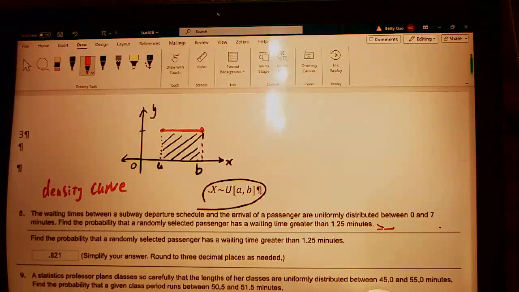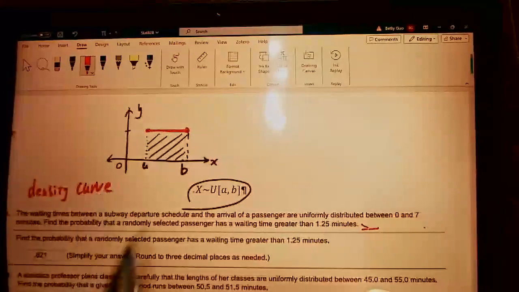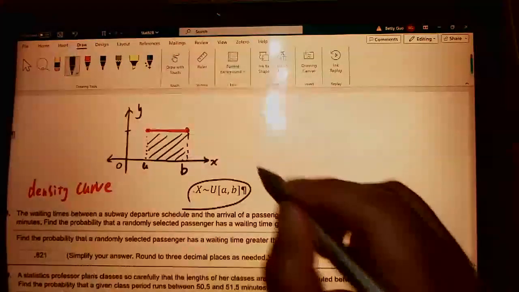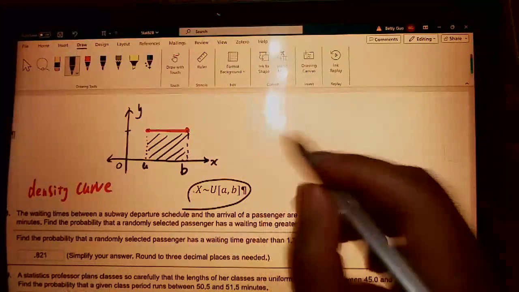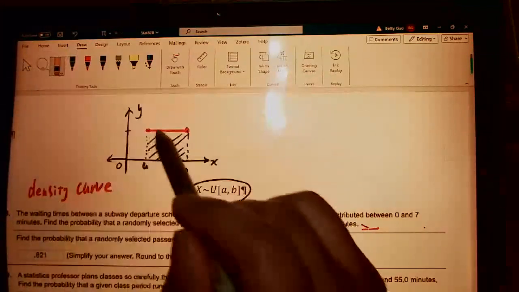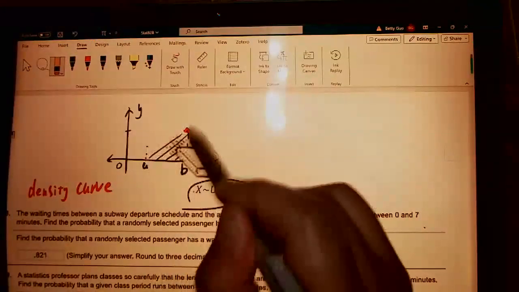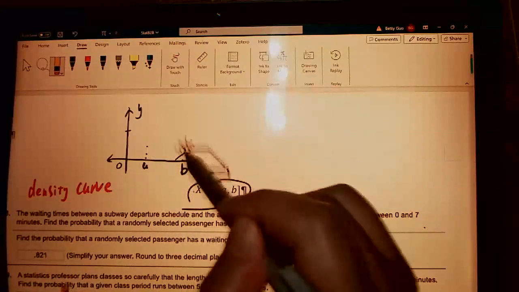Find the probability that a randomly selected passenger has a waiting time greater than 1.25 minutes. Okay, let's solve this question. The density curve in this case looks like this.